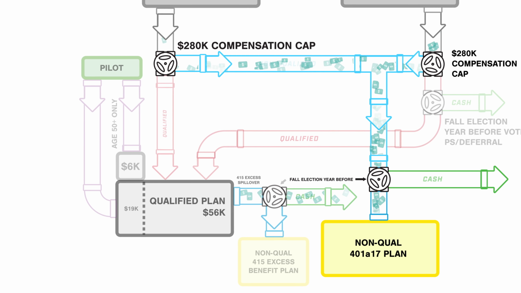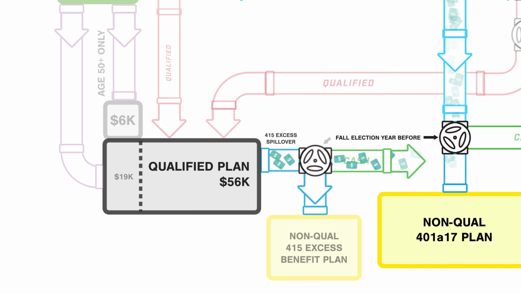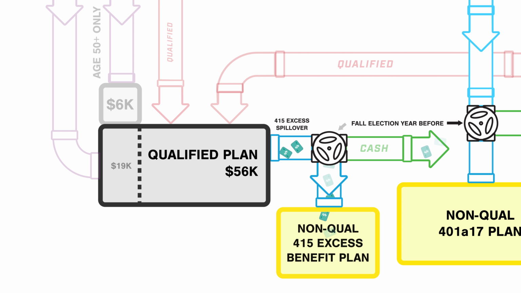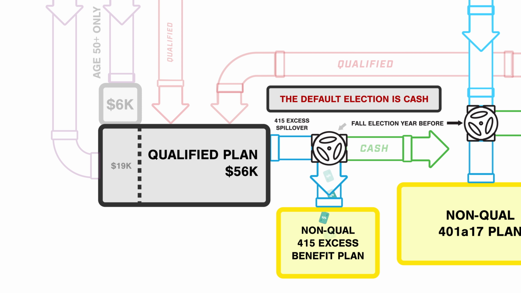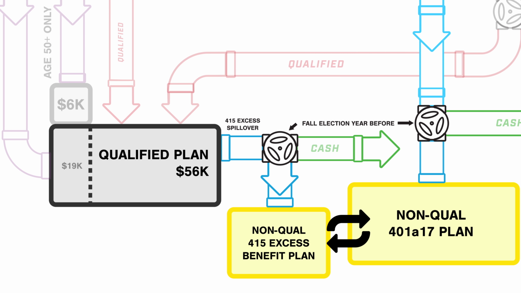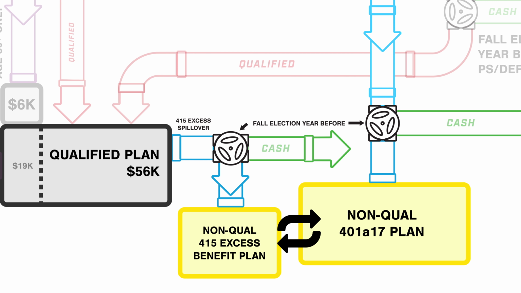Non-qualified spillover money from the qualified tank is either paid as taxable cash or deposited into your non-qualified 415 excess benefit plan. Like the 401(a)(17) plan, you make this election during the fall enrollment period the year before. The 415 excess benefit plan is identical to the 401(a)(17) plan in structure and protections, same rabbi trust, same investment options.